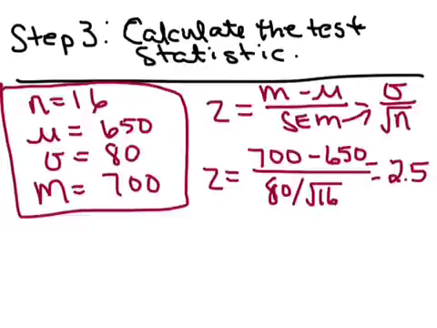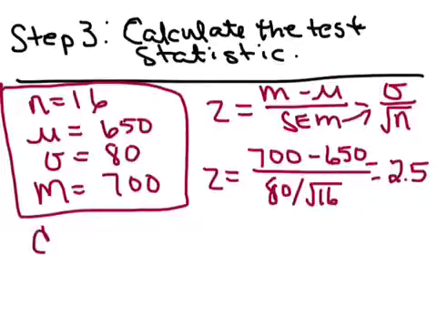But we're not done. In this step 3, when it says calculate the test statistic, we should be calculating an effect size as well. Basically, when we are talking about an effect size, we're looking at the standard distance that your sample shifted compared to the population. To get an effect size, we're going to use Cohen's d.